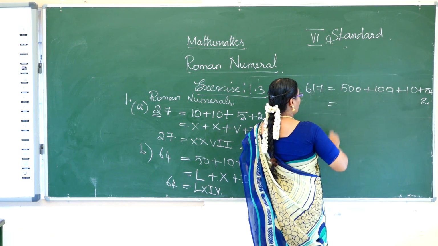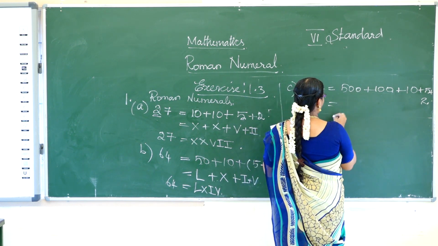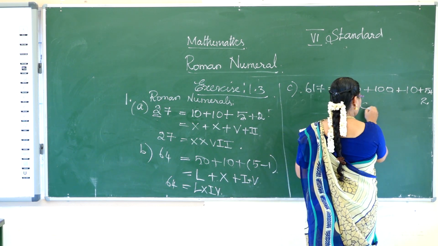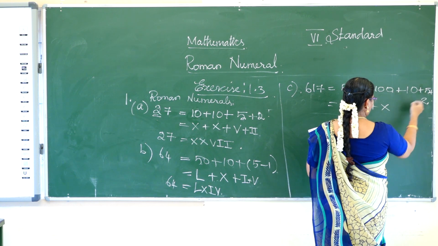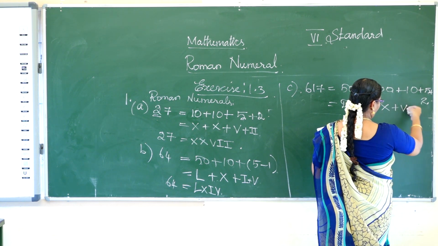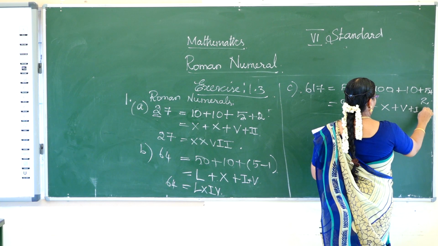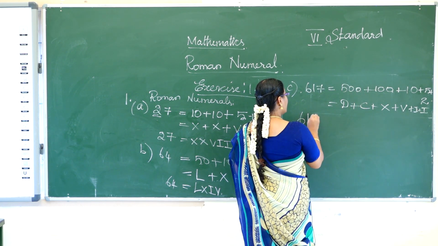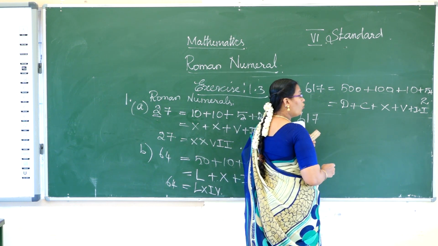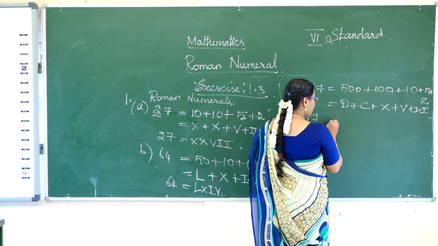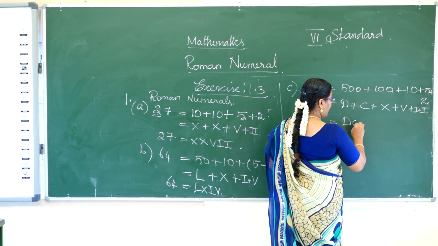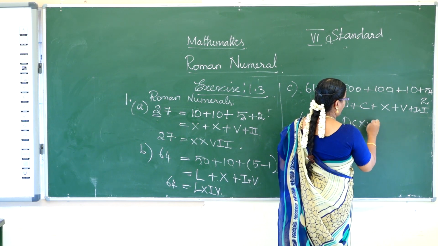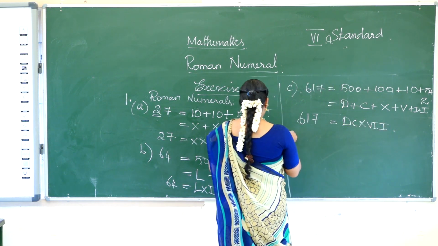Now write in Roman letters. 500 is D, 100 is C, 10 means X, 5 is V, and 2 is two I's. So 617 can be written in Roman numerals as D C X V I I.